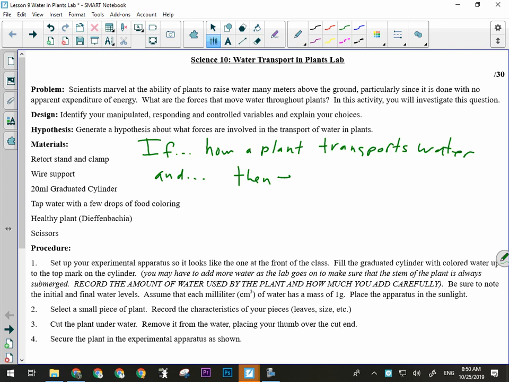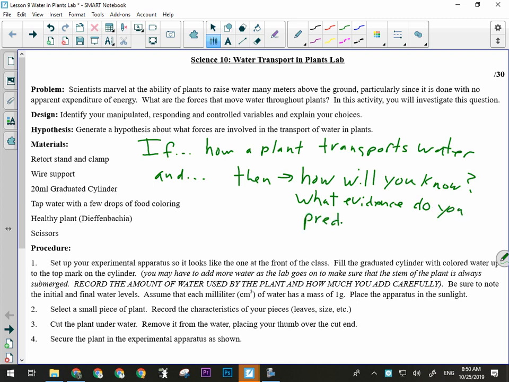Then, how will you know, or what evidence do you predict will occur? For that, talk about the two responding variables and what's going to happen to them in the lab. That's what you should always talk about in the then part of your hypothesis: the change in the responding variable that will occur. You're predicting your results.